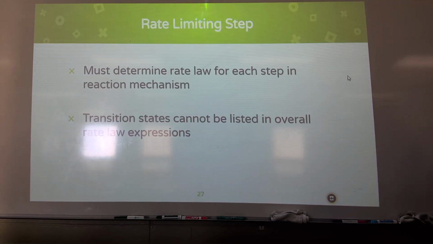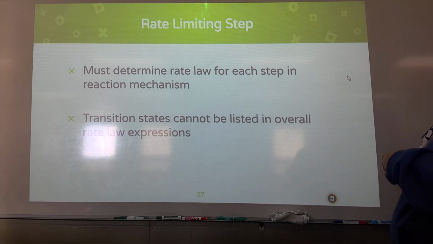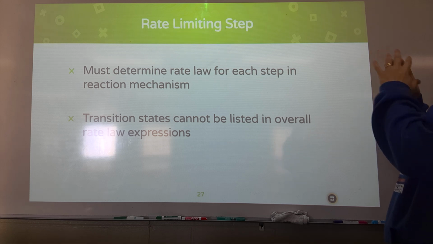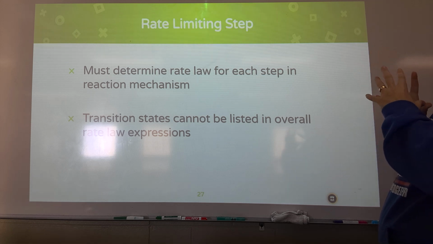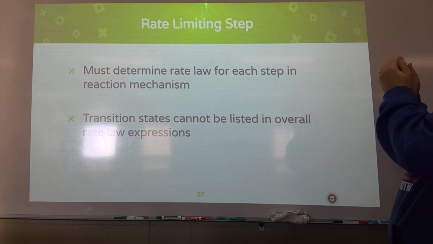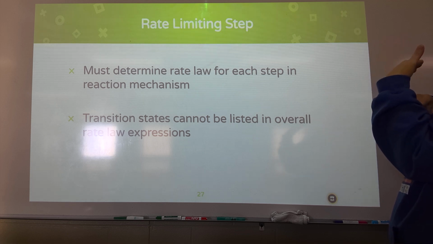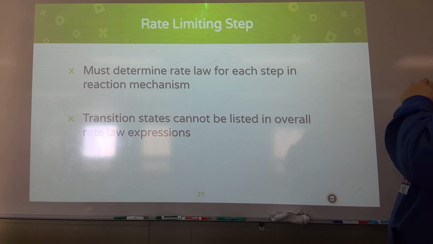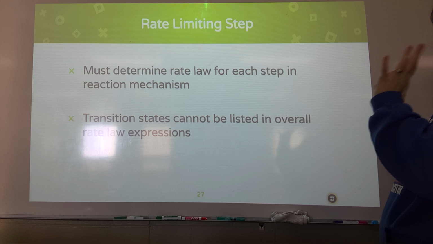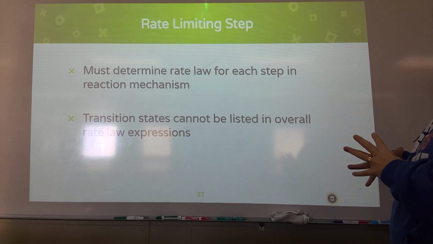Where'd my mouse go? Okay. The rate limiting step must determine the rate law for each step. In order to write the rate law for this, we have to determine the rate law for each part of the process. So you're going to have multiple rate laws to describe each transition state, and they will not be listed overall in the final overall rate law expressions.